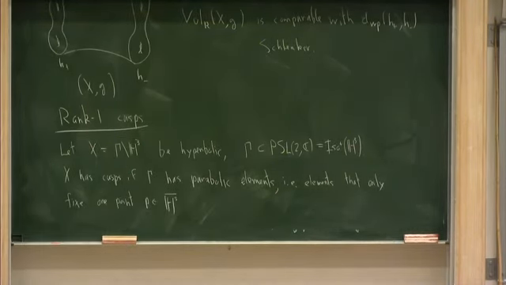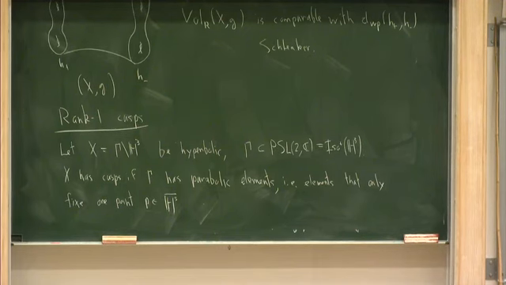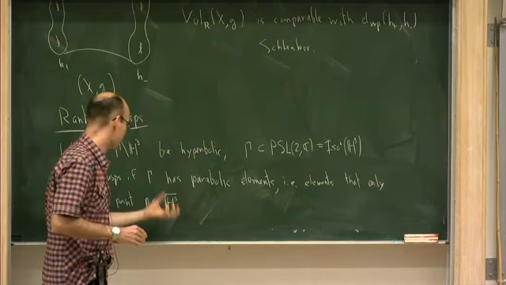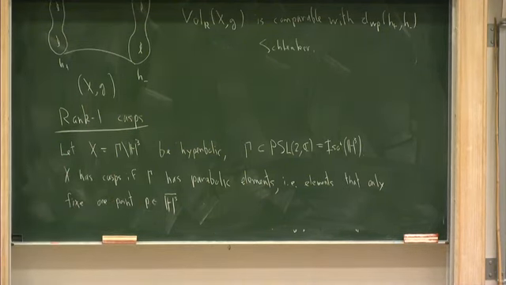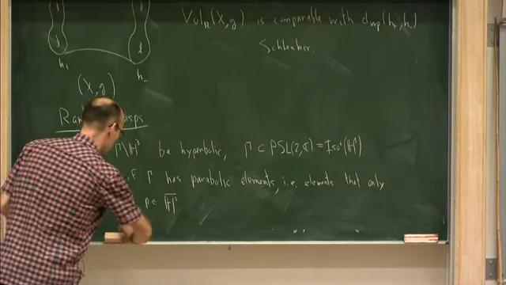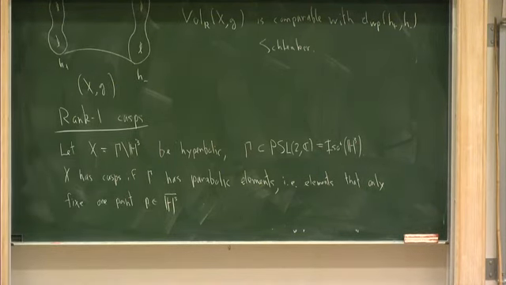If you take the unit ball model, the compactification is the closed ball. So the group will act on the closure of the ball, and a parabolic element will have a fixed point. I'll give an example in a moment.